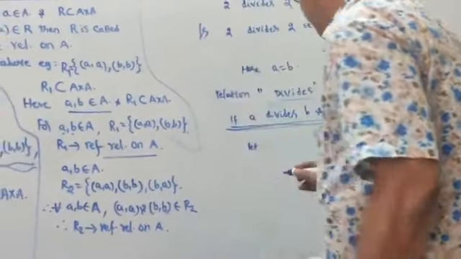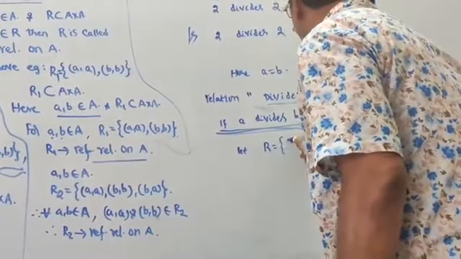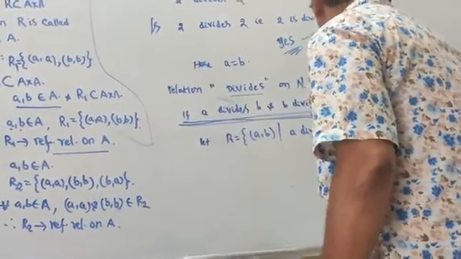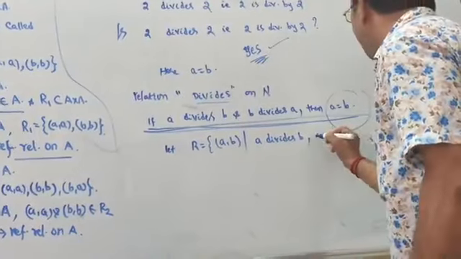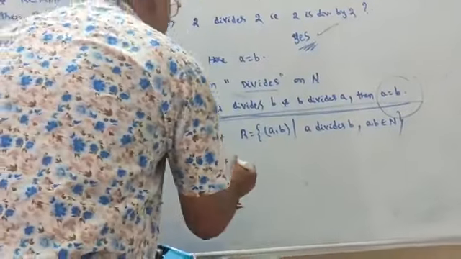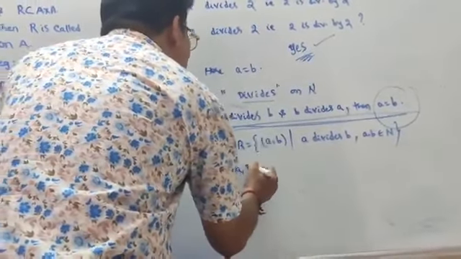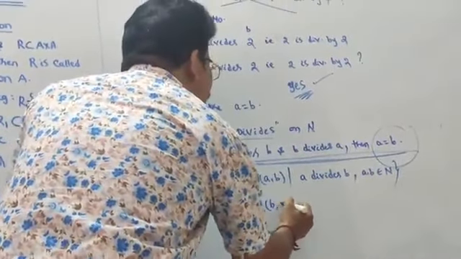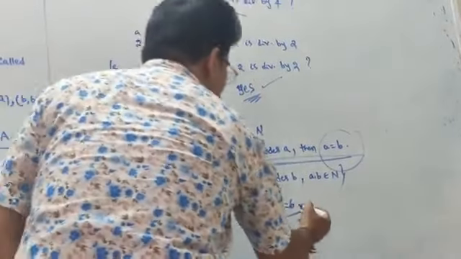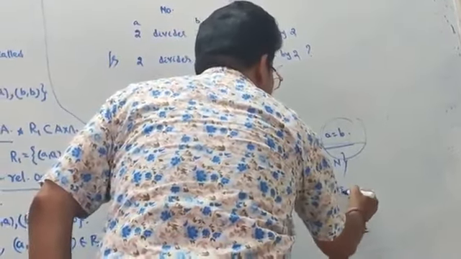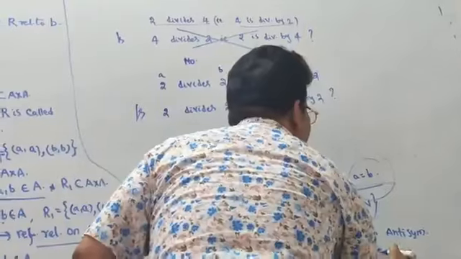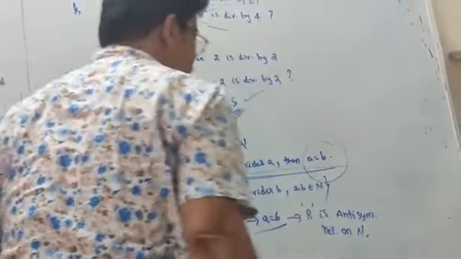Let capital R is equal to the set of A comma B, so that A divides B, where A comma B belongs to capital N. I am telling that if A comma B and B comma A belong to capital R, then A is equal to B. Then R is called anti-symmetric relation on natural number capital N.